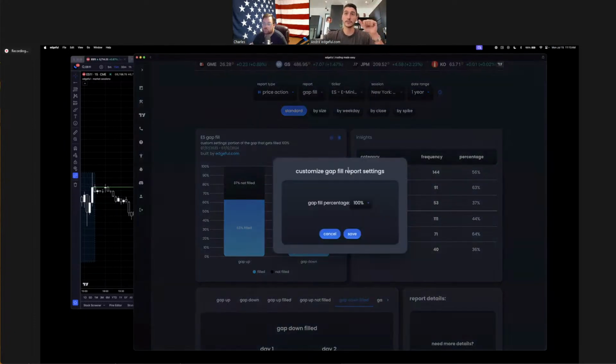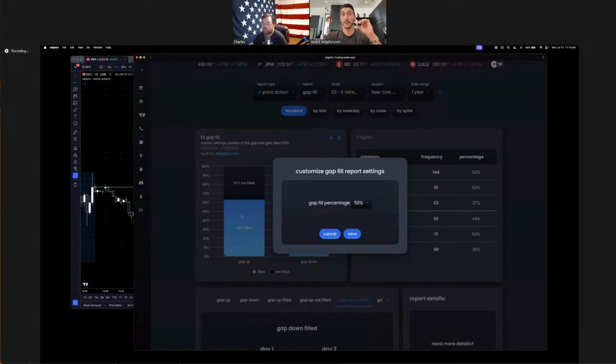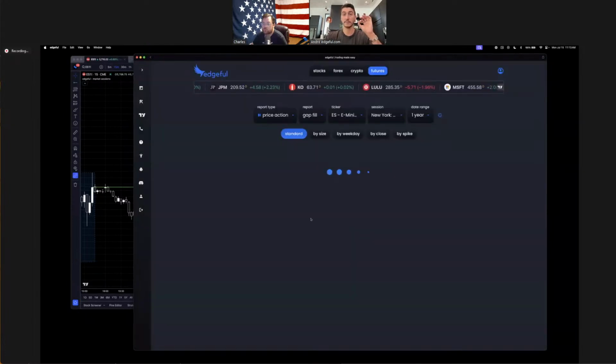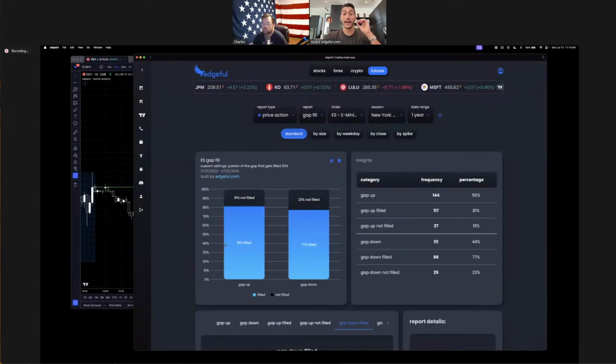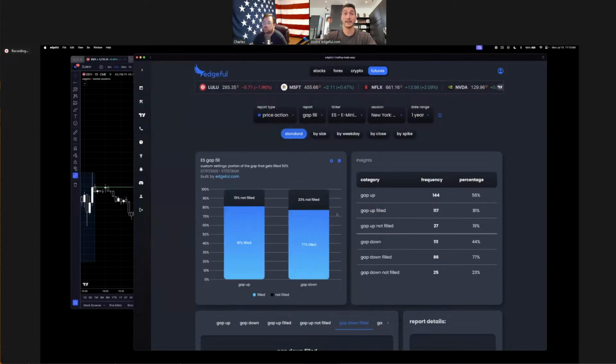Now, go to the customization, and you change this 100% to 50%. So you want to be targeting half of this gap fill. And now look what happens to the data on this side. From 63% and 64% to 80% success. So in the last year, 80% of the time, price will move half of the distance of the gap. So just targeting half of that distance, now your win rate goes from 60% to 80%.